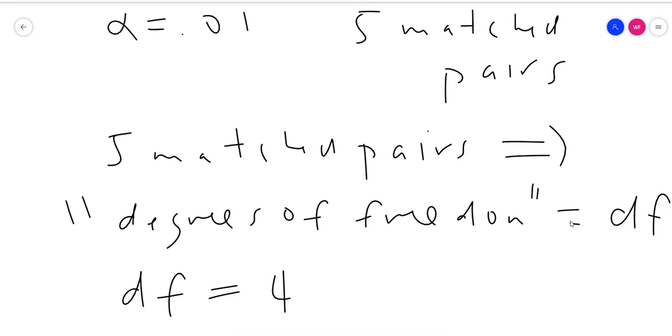So on the calculator, we can find the critical values by using the function called inv-t. Now let me go to the calculator. Well, let me just write one more thing here.